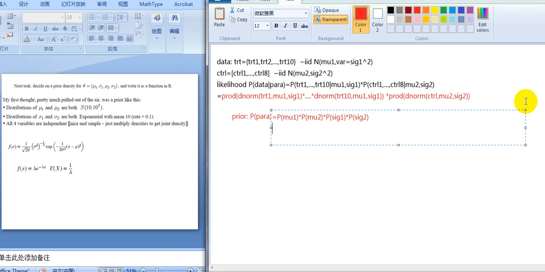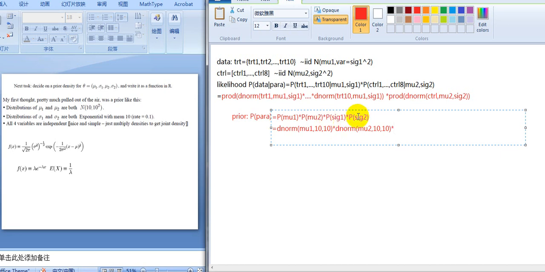And we know that the first one is just normal, so I just put dnorm mu1, and the mean is 10, standard deviation is 10. The first density, and then the second one is the same: mu2, 10, 10.